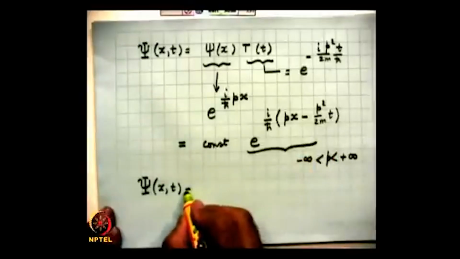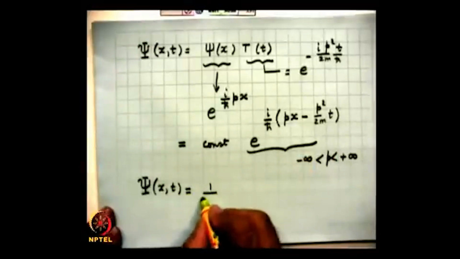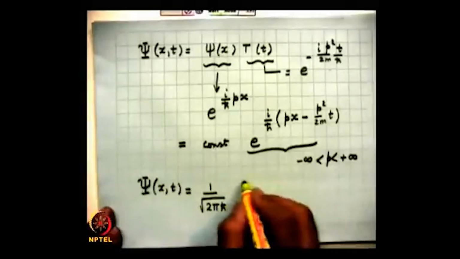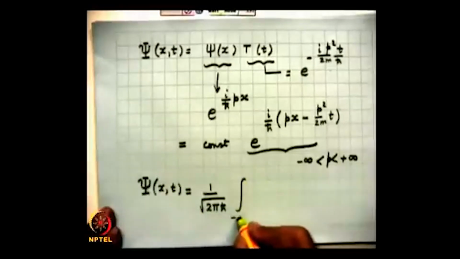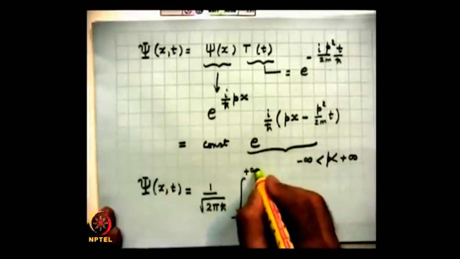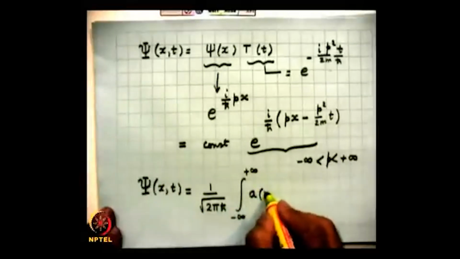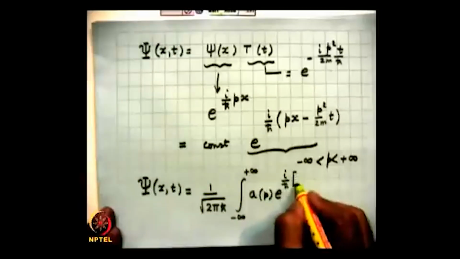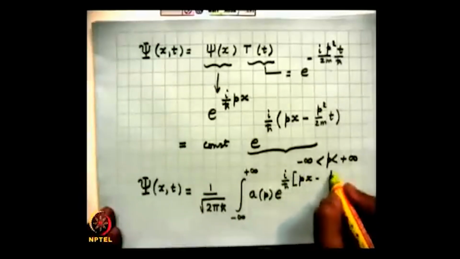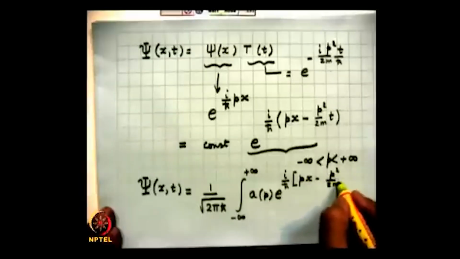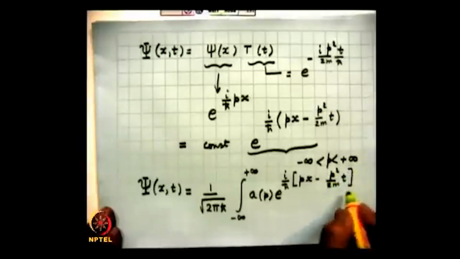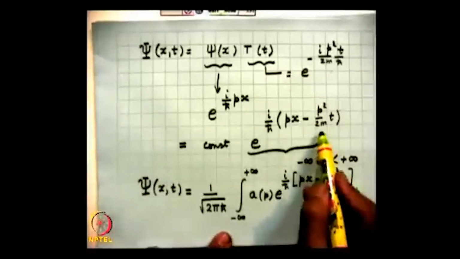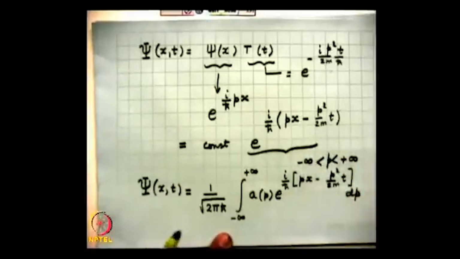So, I write this with a constant 1 over 2 pi h cross, integral minus infinity to plus infinity a of p e to the power of i by h cross times p x minus p square by 2m t, dp. So, what I have done is, here p goes from minus infinity to plus infinity.